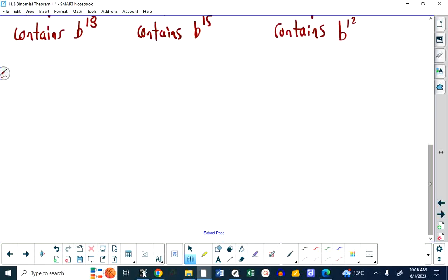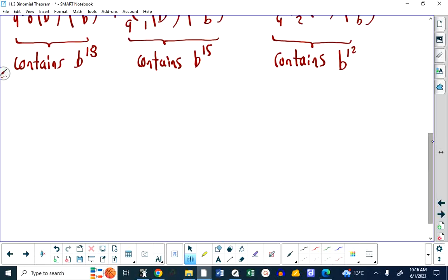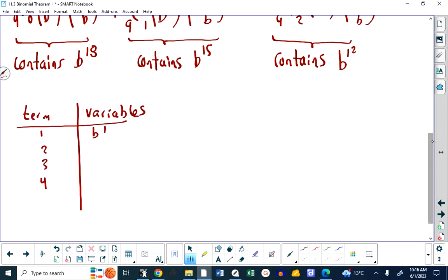I can construct from this a table, and I can basically do some finger counting in a formal manner on a table until I get to b cubed, and then I know the term number. And all of that is done simply to find the term number.